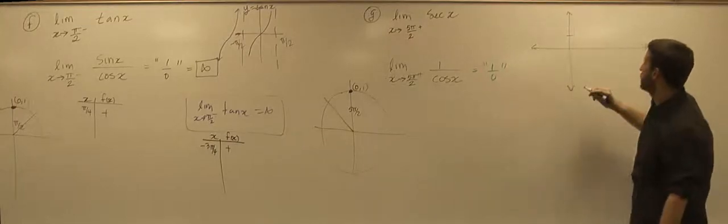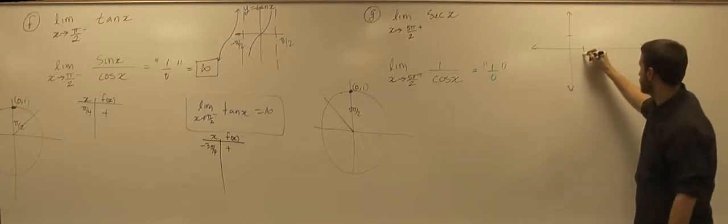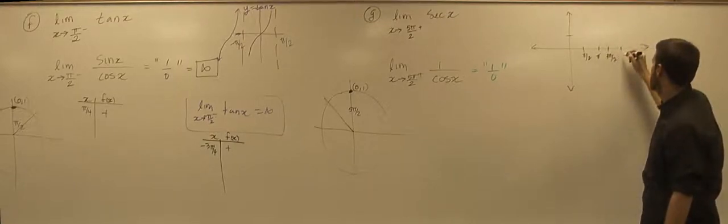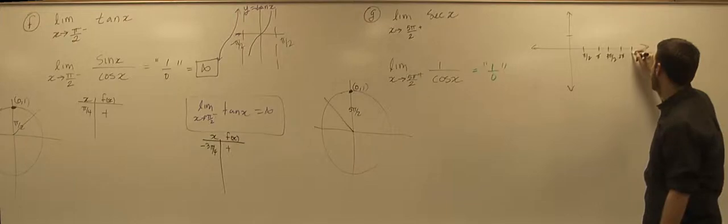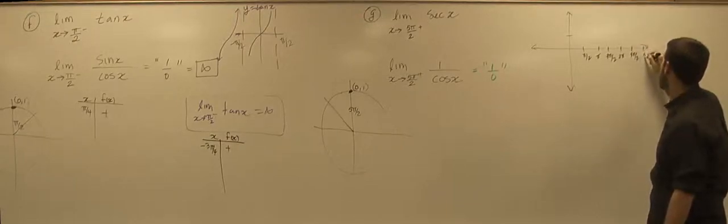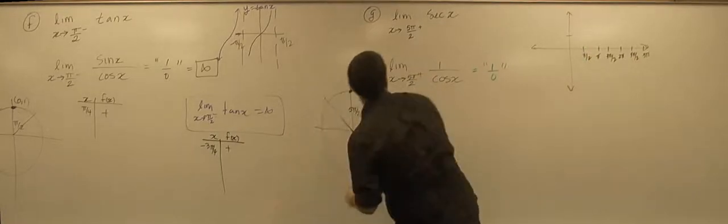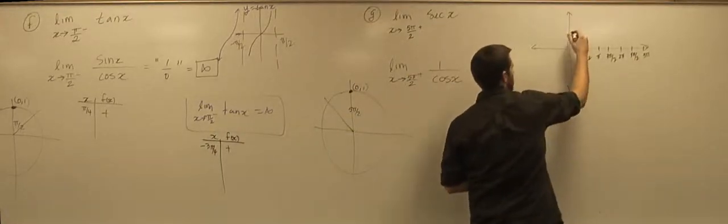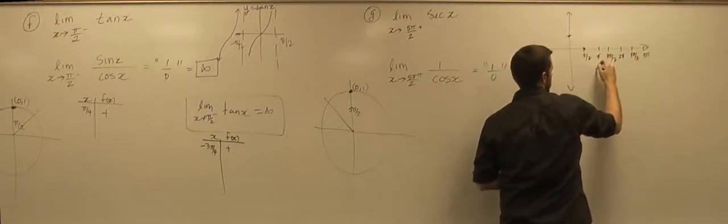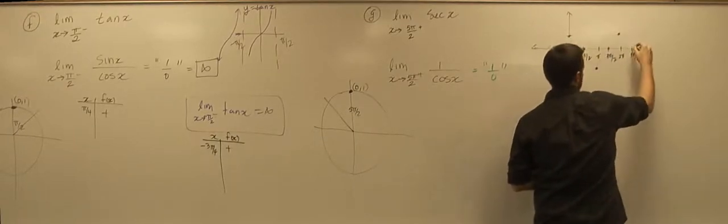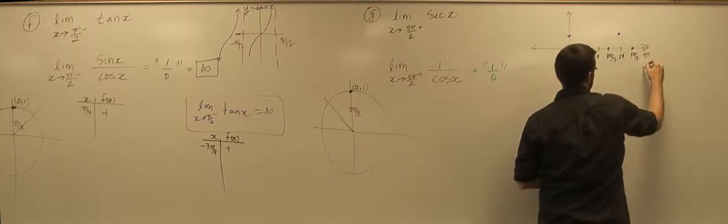which starts at 1. Let's see, pi over 2, pi, 3 pi over 2, 2 pi, 5 pi over 2, 3 pi. So the cosine function is going to start up at 1. Cosine starts at a max, 0, min, 0, max, 0, min.